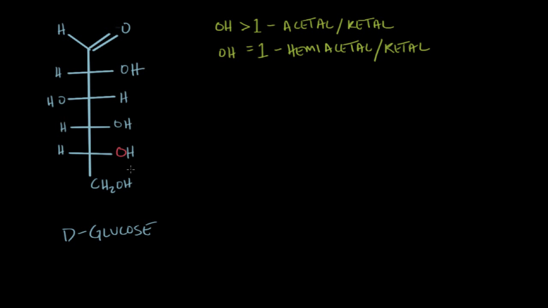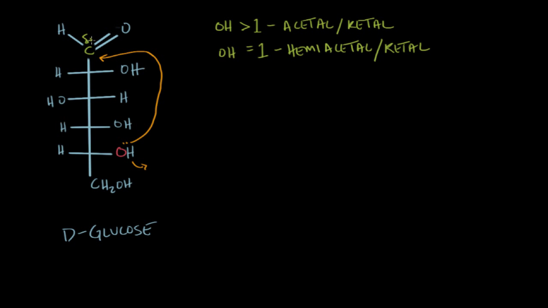And after being deprotonated, so after losing this proton, this oxygen is going to have an extra set of electrons right here, and those electrons are going to target that carbonyl carbon. So I'll draw the carbonyl carbon in green, and remember that the carbonyl carbon has a partial positive charge on it.